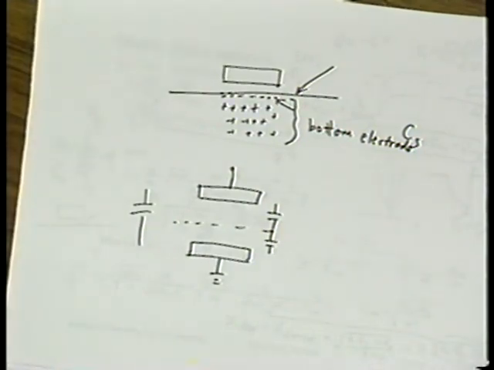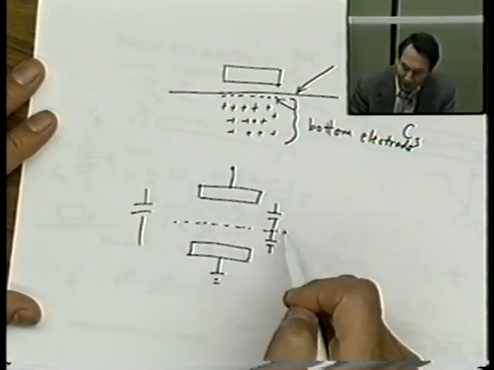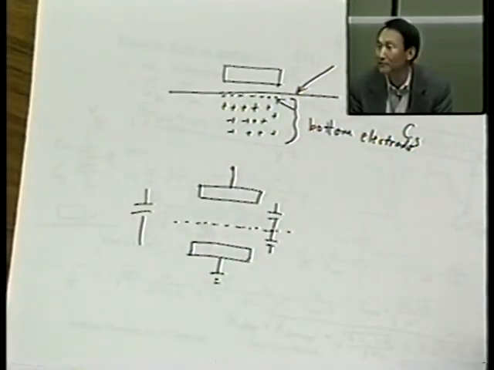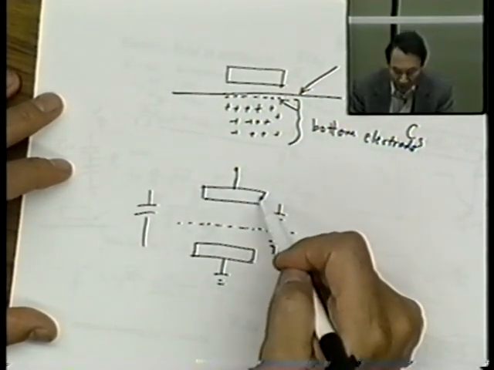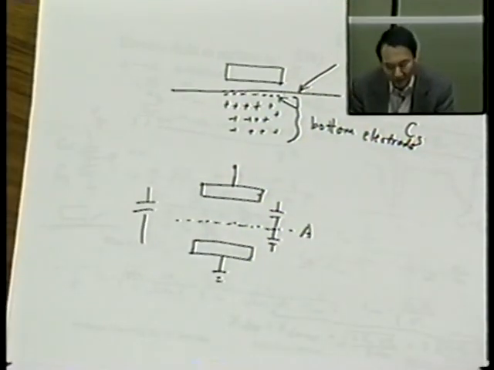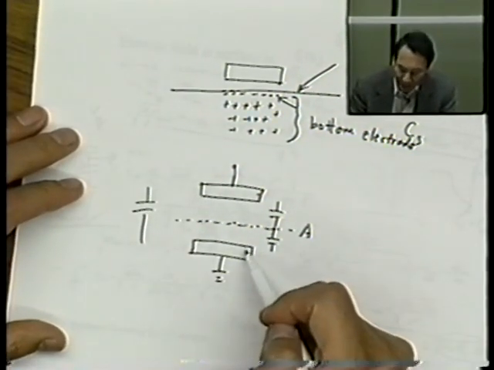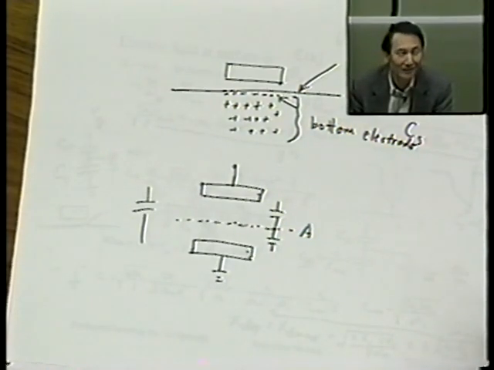And if I ask you to think of this as truly a physical capacitor, then indeed there is a capacitance between the top electrode and plane A, and a second capacitor between plane A and the bottom electrode. I hope you don't have a problem with that.